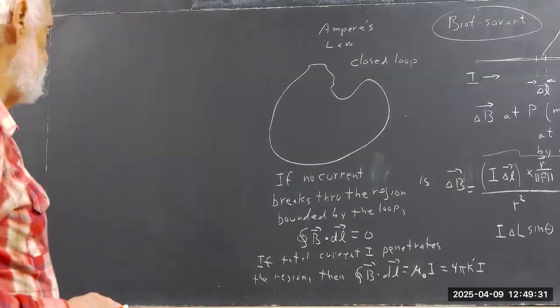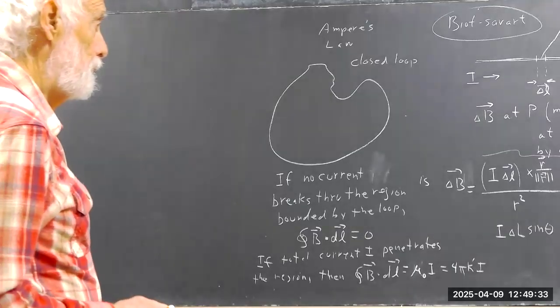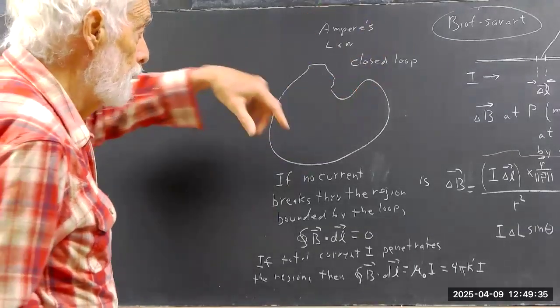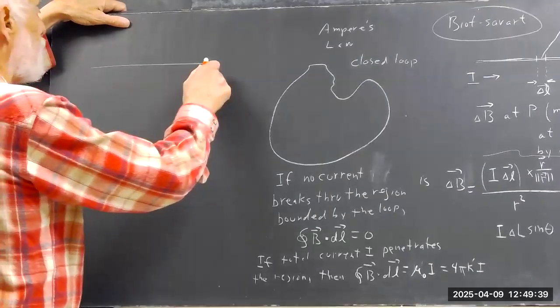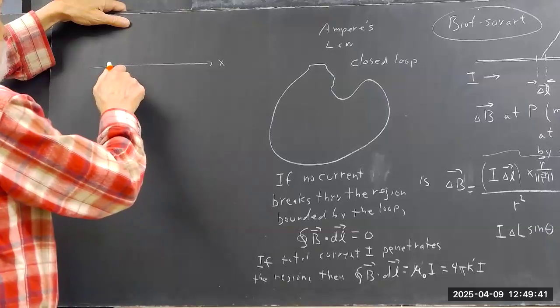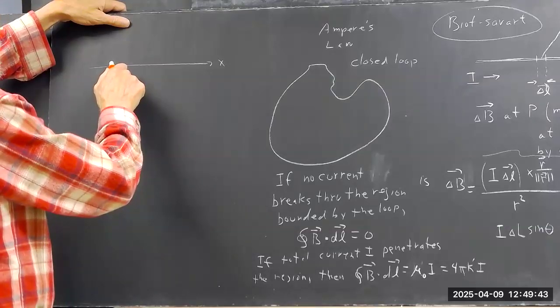If we want the magnetic field due to a current in a segment of wire, let's say here's the x-axis, and here's our wire.